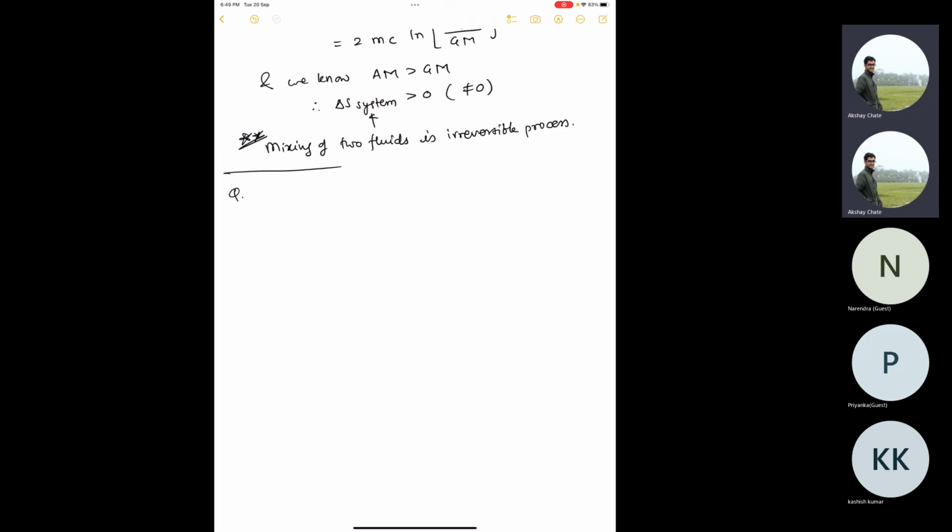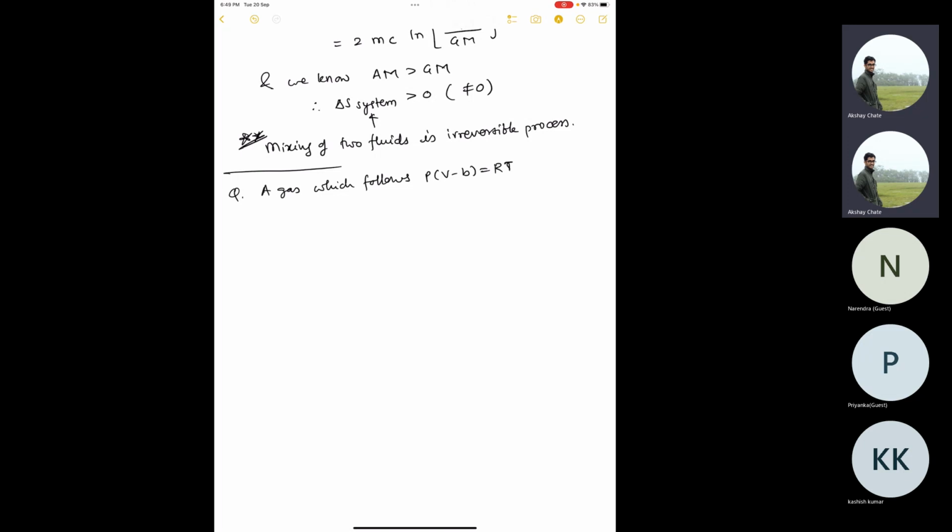This is a good exercise since you have done this part by now, right? So the question is: there is a gas. It is not mentioned which type of gas, so don't assume ideal gas everywhere. A gas which follows P(V minus B) equal to RT.